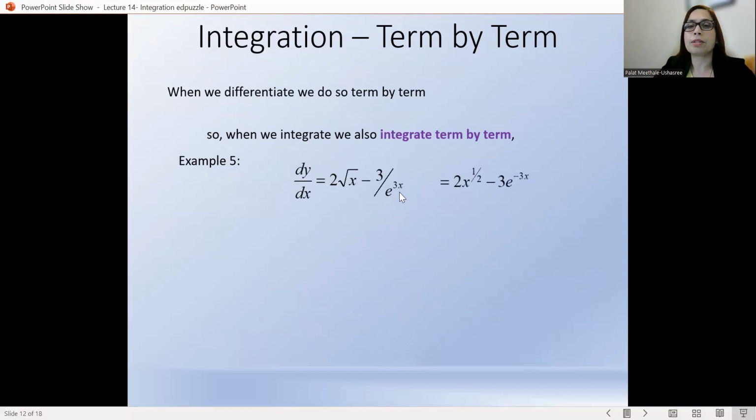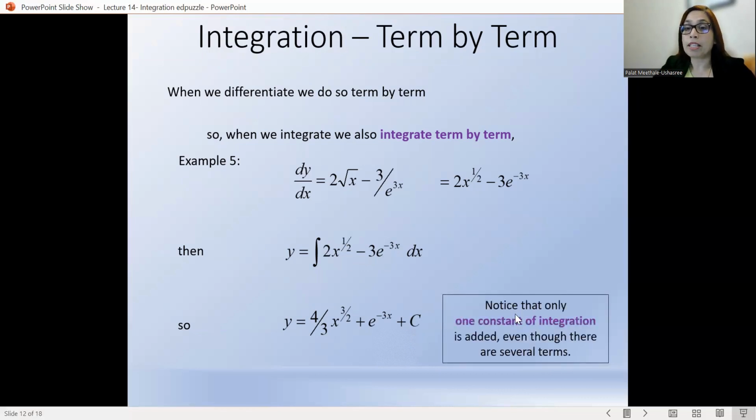So let's write it in this form first so that it's easy for us to integrate, then integrate term by term. You can integrate first 2x to the power of half, then integrate minus 3e to the power of minus 3x. Then write the constant of integration. Remember, only one constant of integration is added, even though there are 2 terms here, because it's a constant.